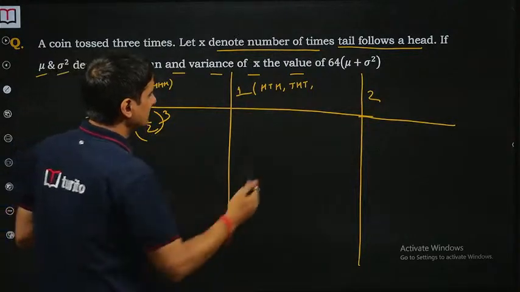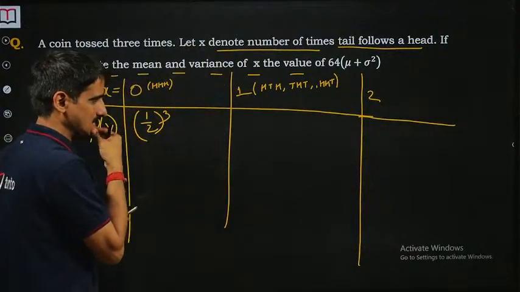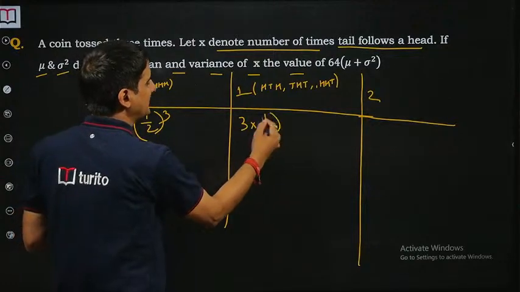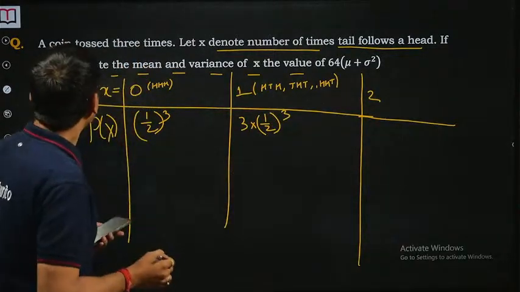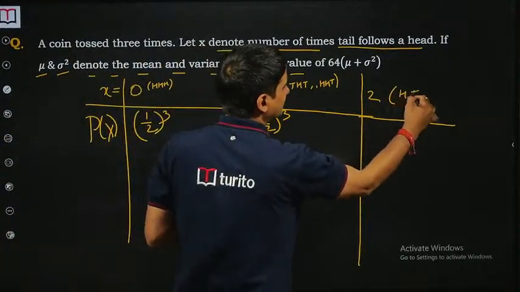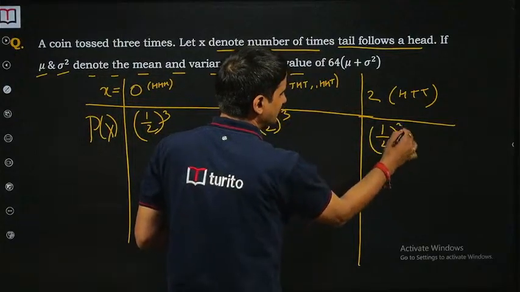Or it could be HHT, again one tail follows head. So it's 3 times, and see, it's a coin, so every time it's 1 by 2 whole cube, isn't that? And then 2 tails following heads is just this much. So it's again 1 by 2 whole cube.